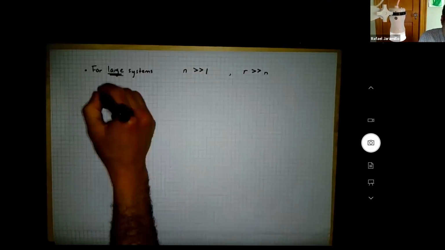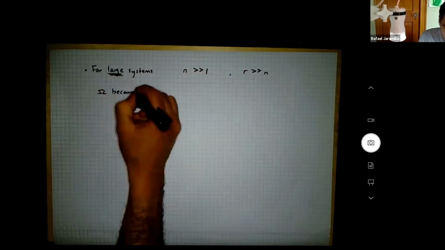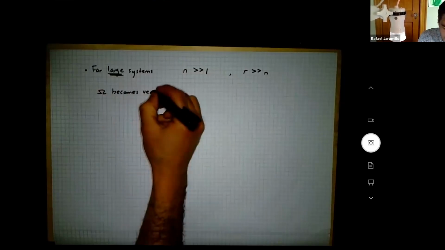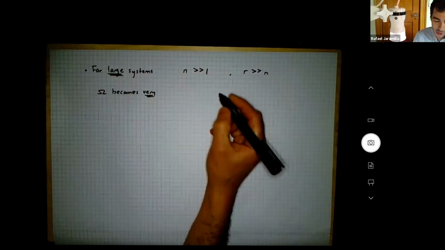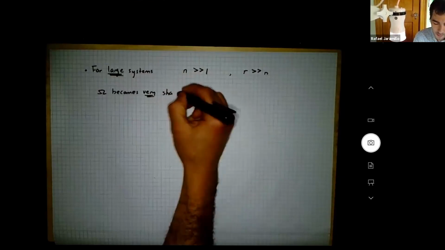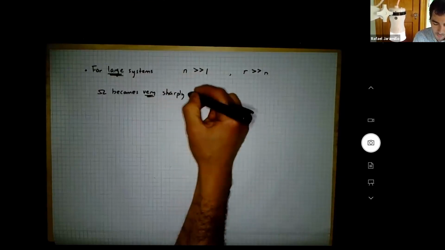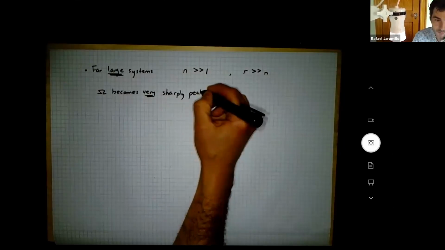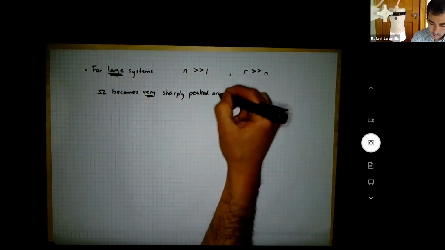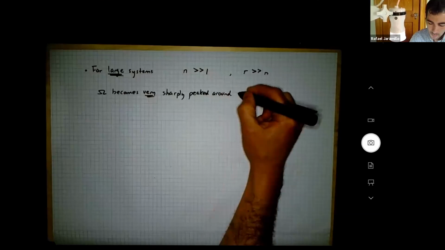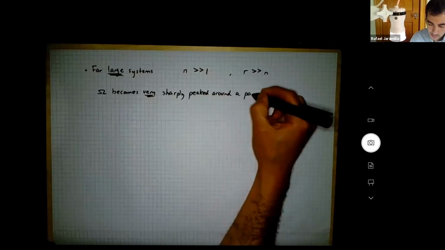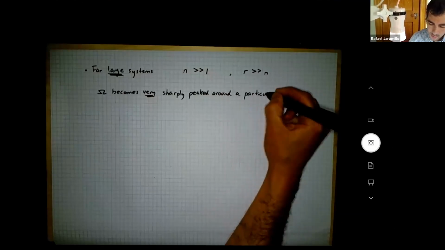This function becomes very sharply peaked around a particular macrostate.